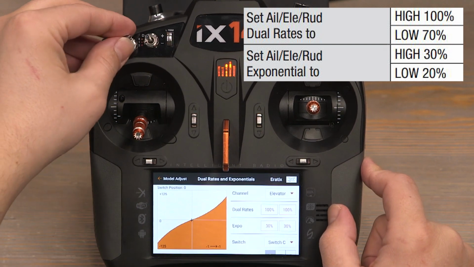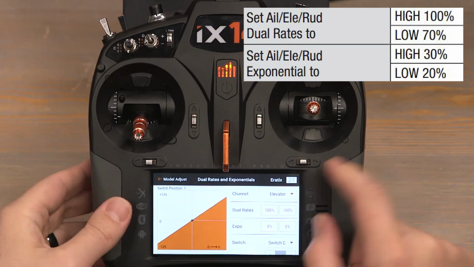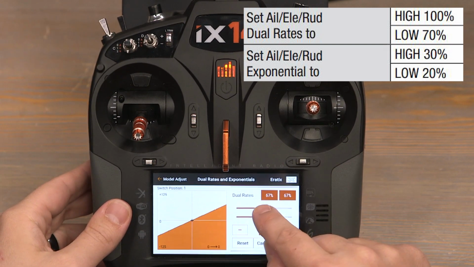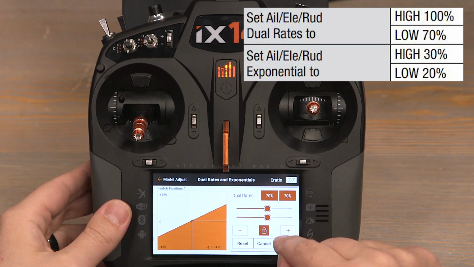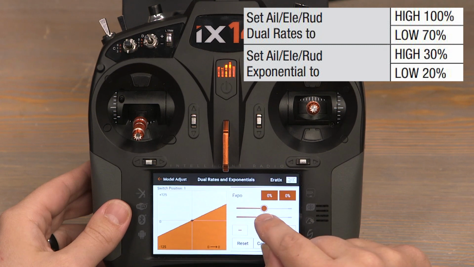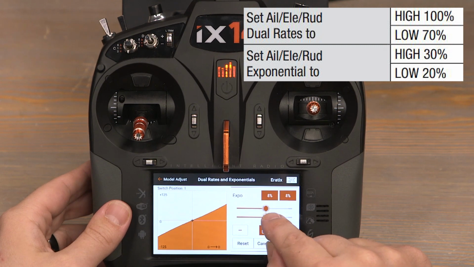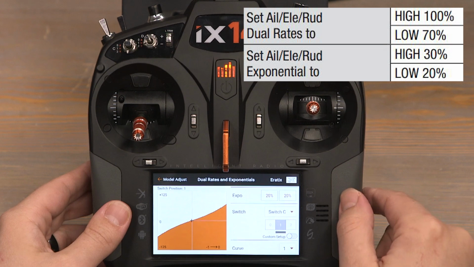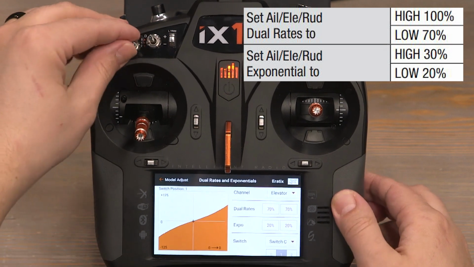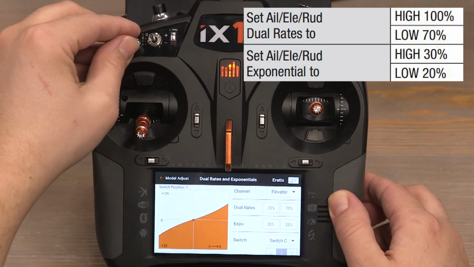And we'll flip the switch down to our low rate position and set our dual rates down to 70 with a 20% expo. I'll verify that's working. It is.